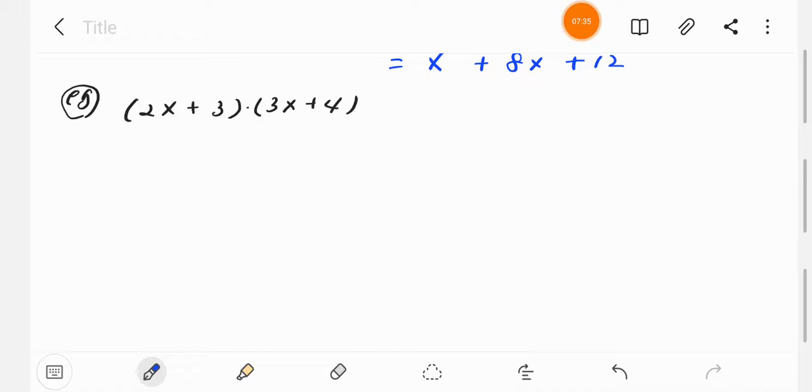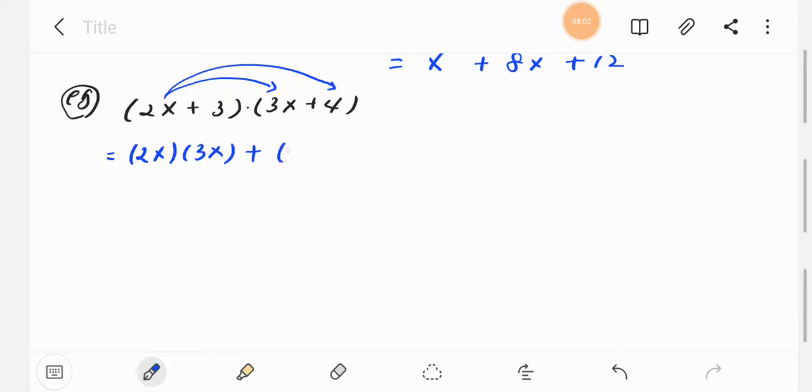Alright, so let's try this product. So this binomial times binomial. So first of all, multiply these two, the first terms. So actually we are multiplying each term by each term in the other binomial. So 2x times 3x. Okay, let me write it. So 2x times 3x. So this is the first term. And then the outer terms.